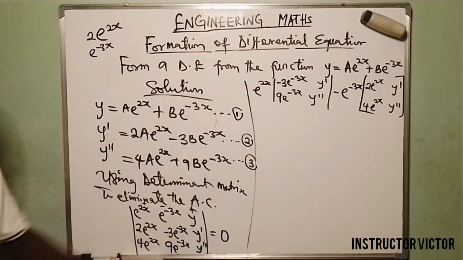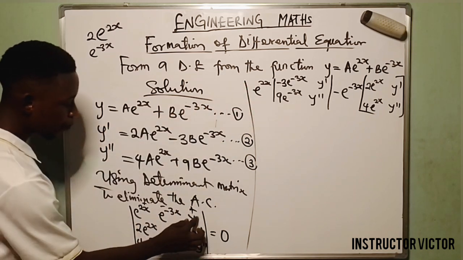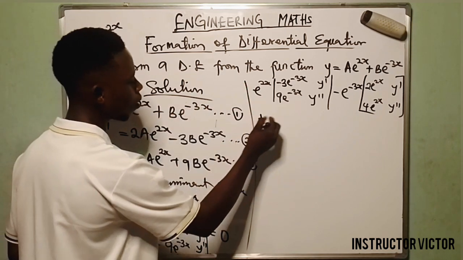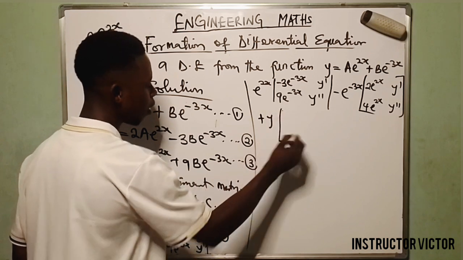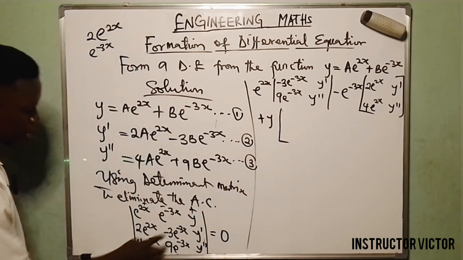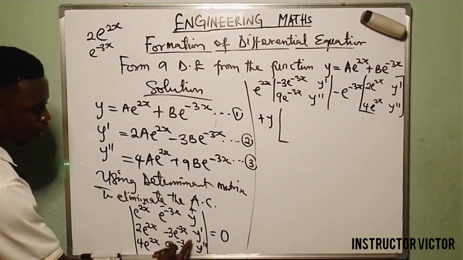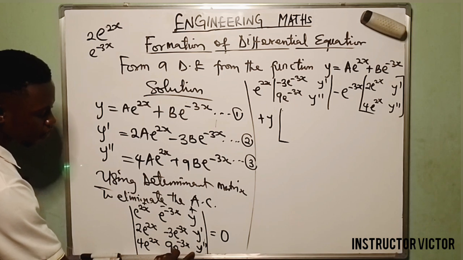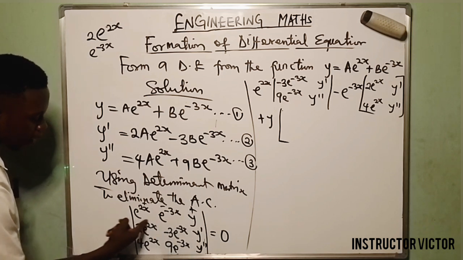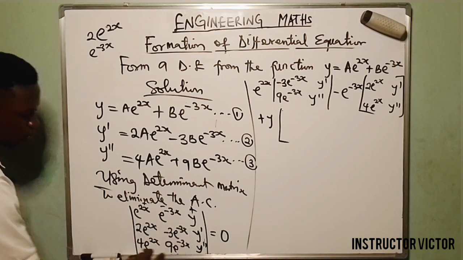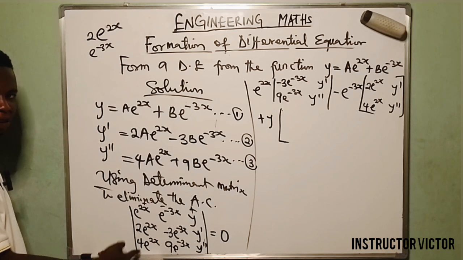And then the last one is plus y. Now what do we have? If you are doing plus y, you will not include this. The only one that will be there is this, which is the one I'm pointing at. I'm sure you're understanding the logic here, so that you won't get confused.